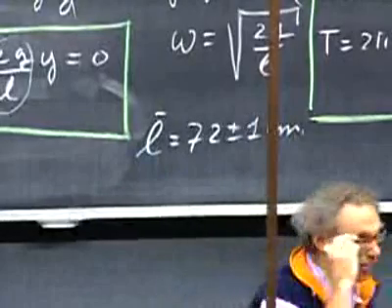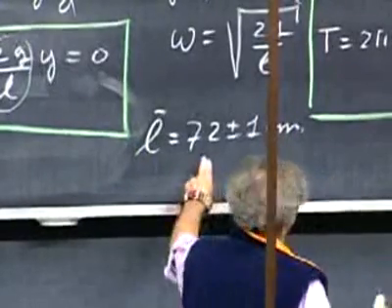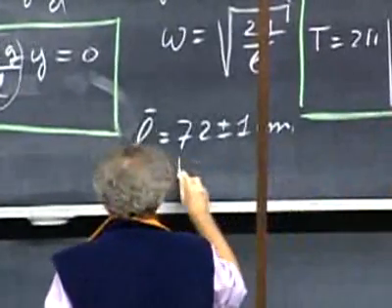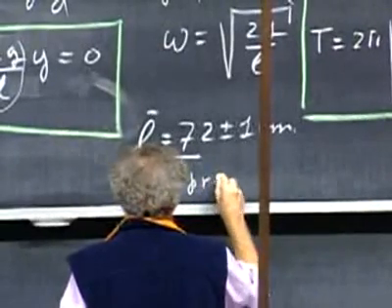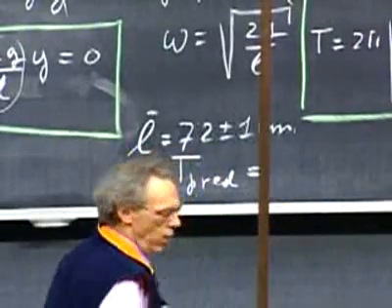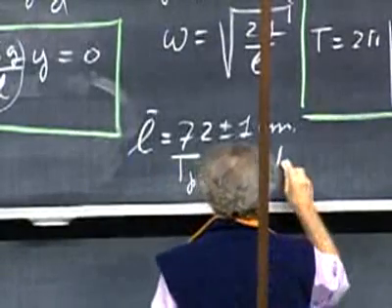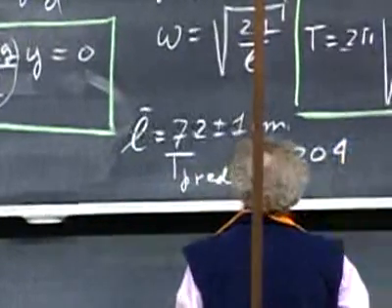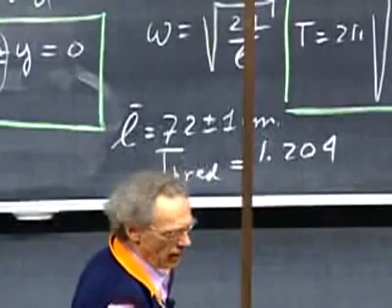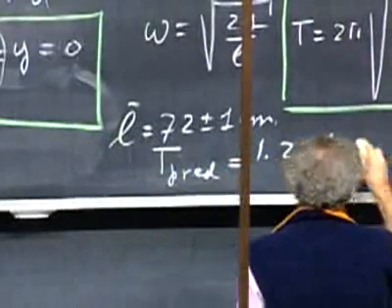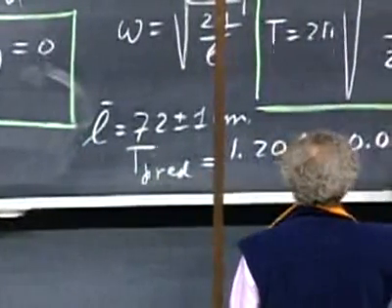If I use this number for L, and I substitute it in this equation, then I find my predicted period, which is 1.204, and because of this error that I have of 1, that would give me an uncertainty of about 0.01 seconds.